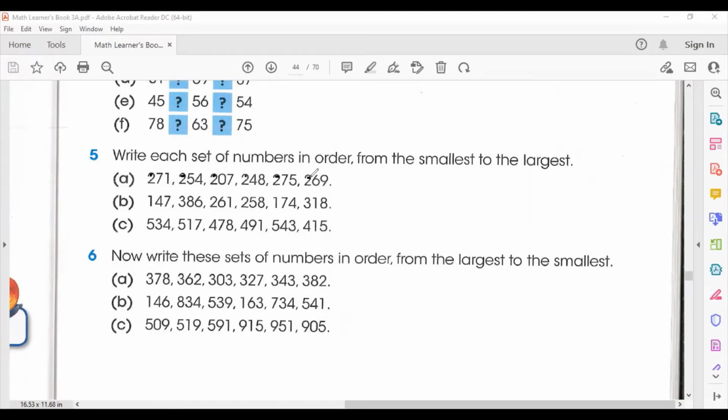Skip the first digit from the left side. Now we have 71, easy. Now we can find the smallest number easily. 71, 54, 07. This one is the smallest. So we can write here 207.